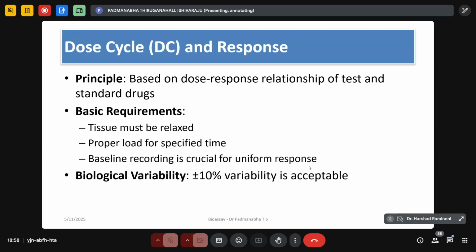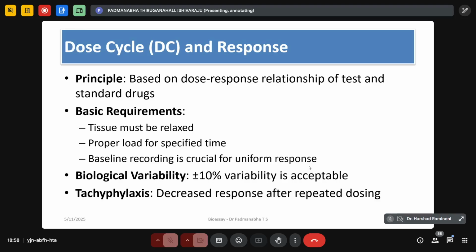As for biological variability, plus or minus 10% variability is accepted. More than that, the acceptability will be lost. Then tachyphylaxis: there is a decreased response after repeated doses. The dosing interval between the first dose and the second or subsequent dose should be planned so that there is no quick hurry.